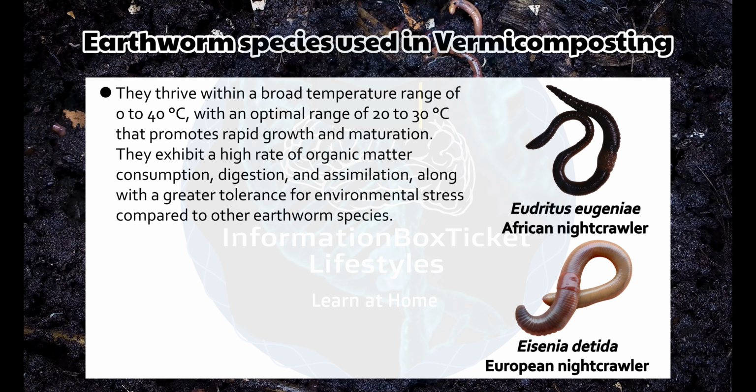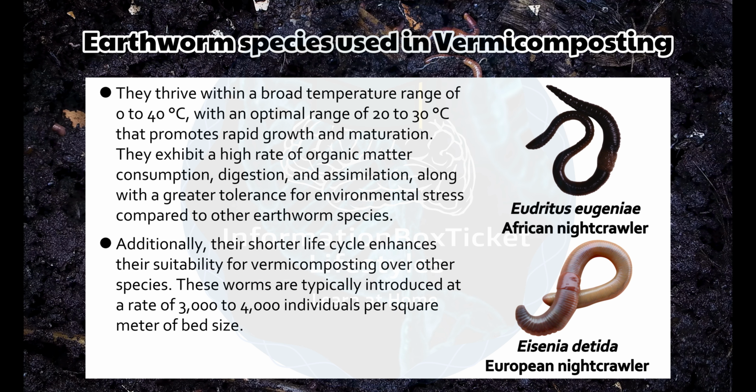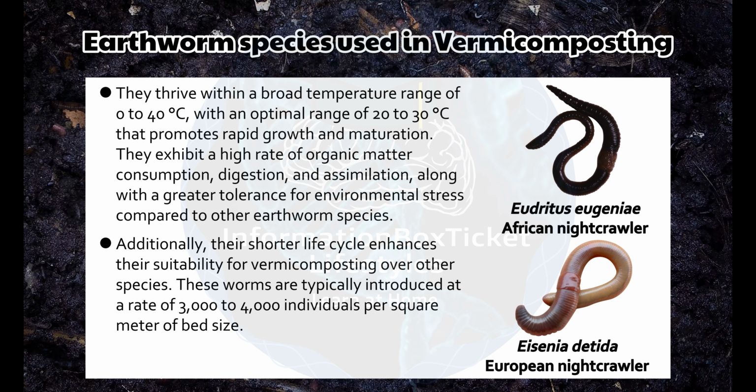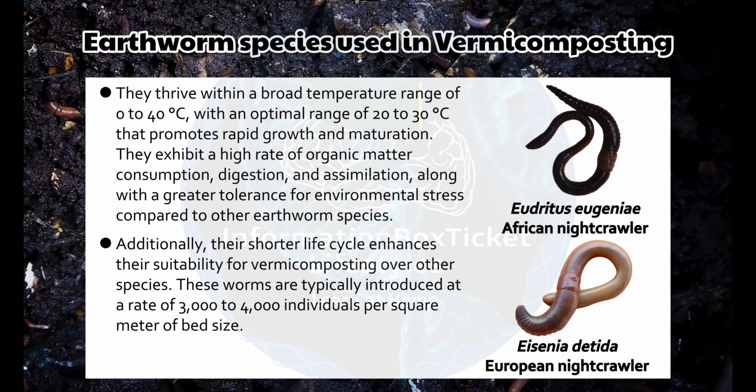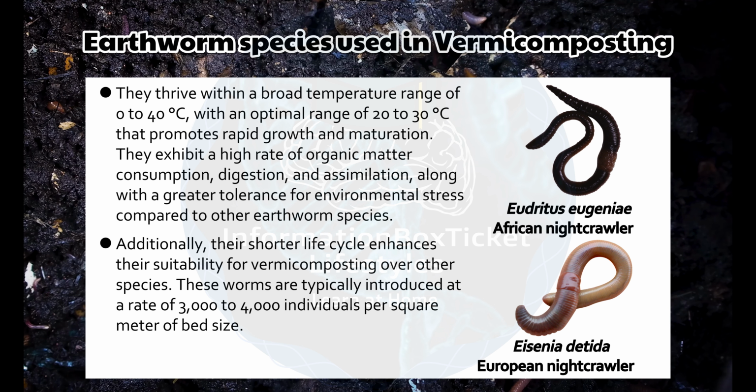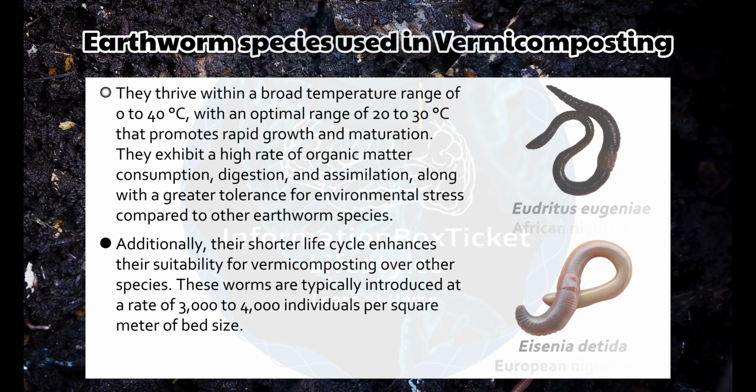They exhibit a high rate of organic matter consumption, digestion, and assimilation, along with a greater tolerance for environmental stress compared to other earthworm species. Additionally, their shorter life cycle enhances their suitability for vermicomposting over other species. These worms are typically introduced at a rate of 3,000 to 4,000 individuals per square meter of bed size.